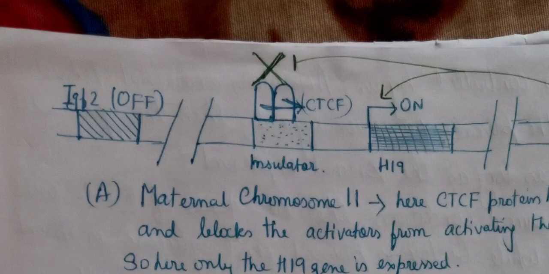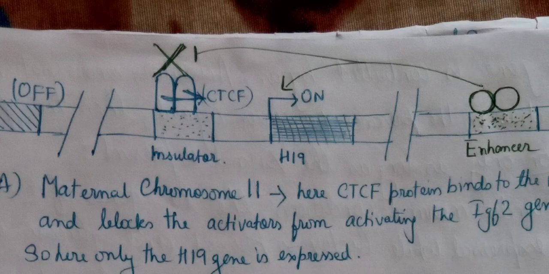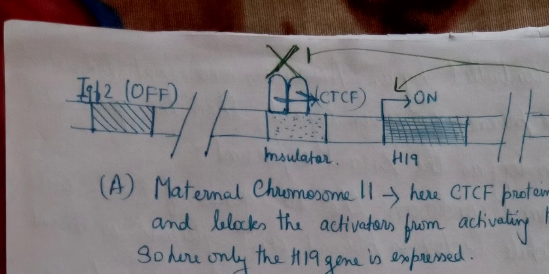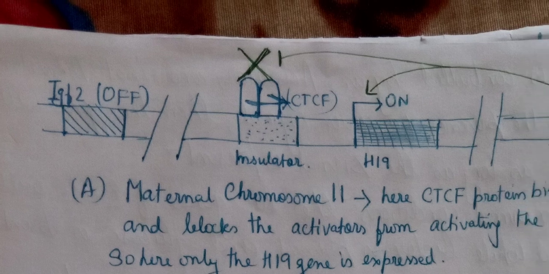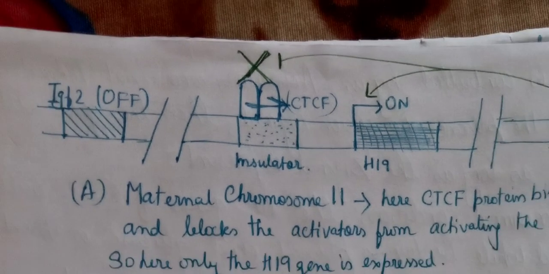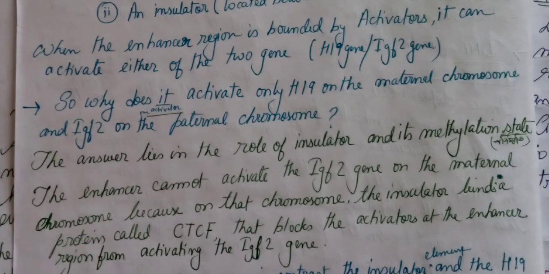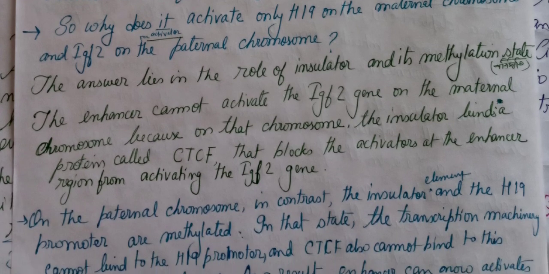That is why maternal chromosome number 11 expresses only the H19 gene. Why is it not expressing the IGF2 gene? Because within the insulator a protein called CTCF binds, and what does CTCF stand for? Let us see if it gives the name.